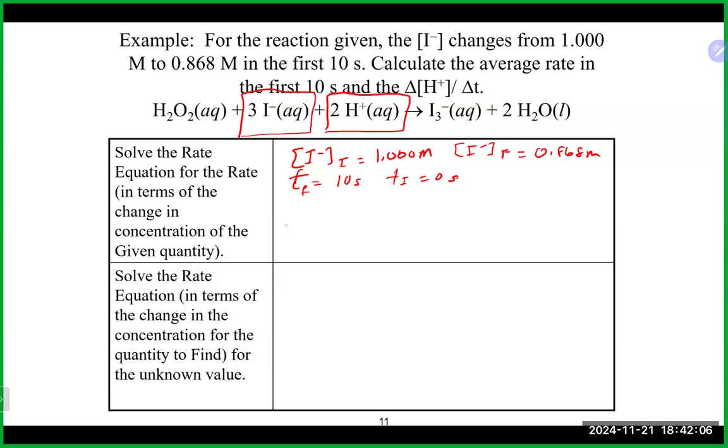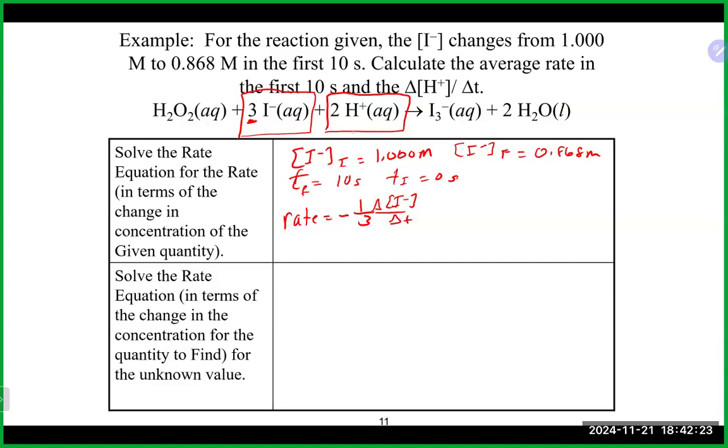If we do it for the first one, the rate is going to equal minus 1 over 3, which is the coefficient here for our I minus. It's negative because it is, again, a reactant. The change in the concentration of I minus over the change in time.